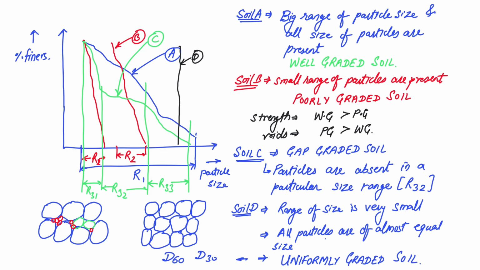So for that, D60, D30, D10, everything will be of equal size, yes or no? So for uniformly graded soil, D60, D30, D10 will be almost equal. But for well graded soil the range is bigger, so the difference between D60, D30 and D10 will be more.